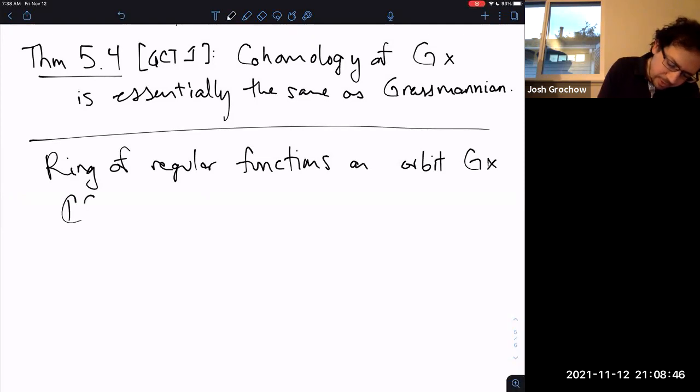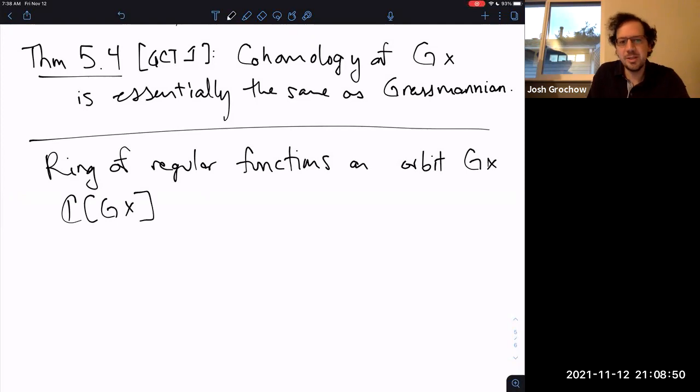I might denote it like this, but this is not to imply that Gx is an affine variety. It need not be Zariski closed. We just want to consider regular functions. Going back to one of the earlier algebraic geometry lectures, these are functions which look like ratios of two polynomials locally, where the denominator doesn't vanish. So as you move around the orbit, in principle, you could have different denominators for the same function.